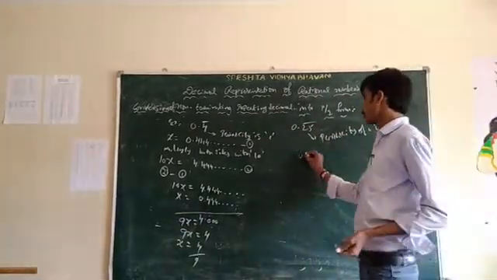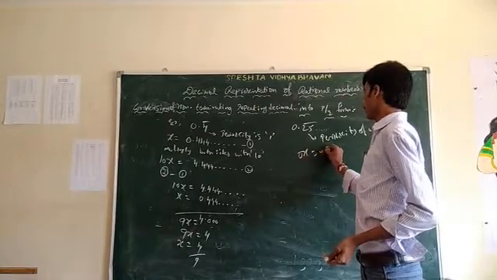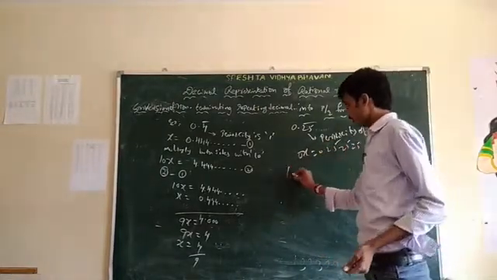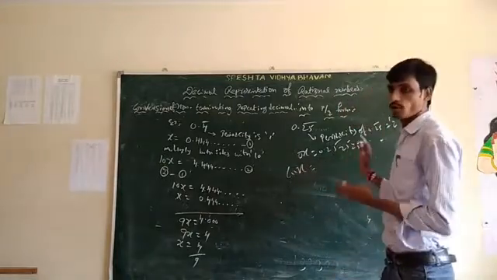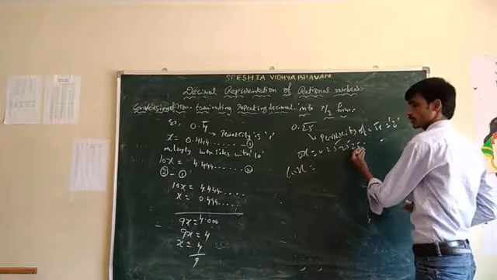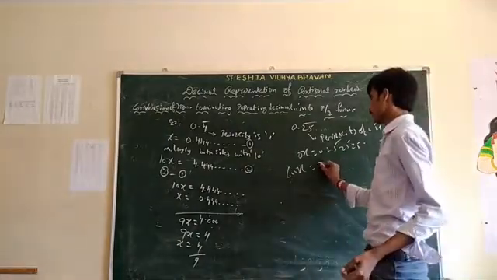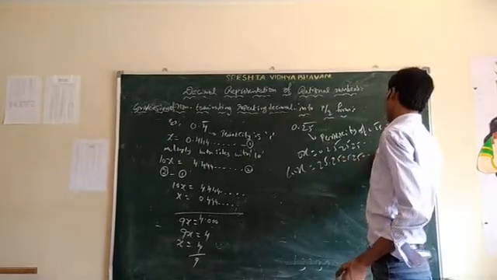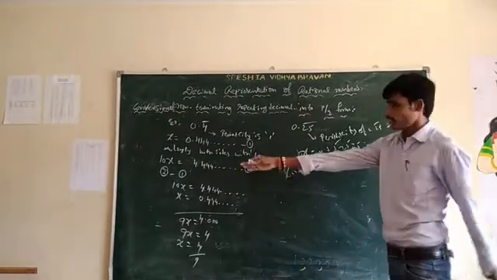So x is equal to 0.2525 and so on. Multiply with 100. 100x is equal to 25.2525 and so on. This is 1 and this is 2. Again we have to subtract.